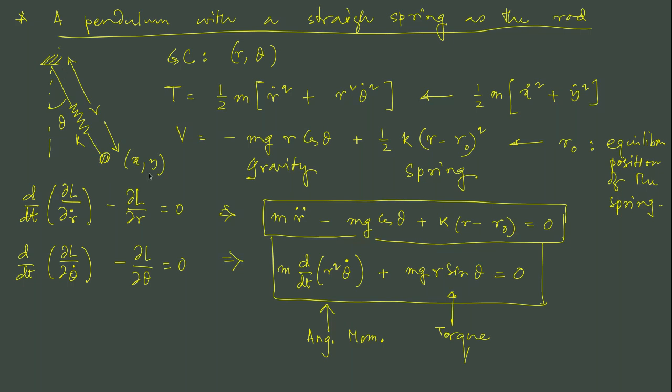Now here, how many generalized coordinates do we have? There are no constraints because this distance is not fixed anymore. So x, y could be chosen, or we choose r and theta because it would be simpler. How did I know that it would be simpler? Suppose r is fixed, which means instead of a spring we are talking about a straight rod.